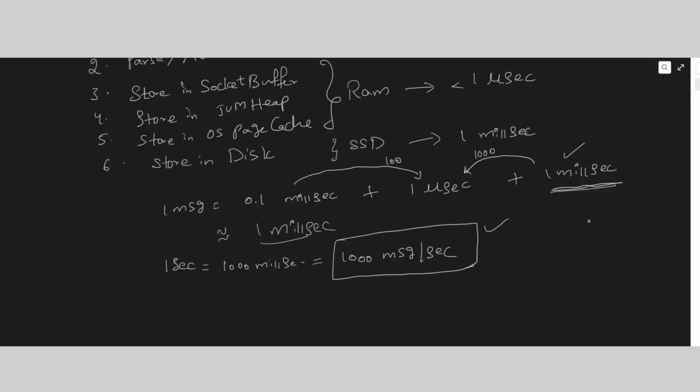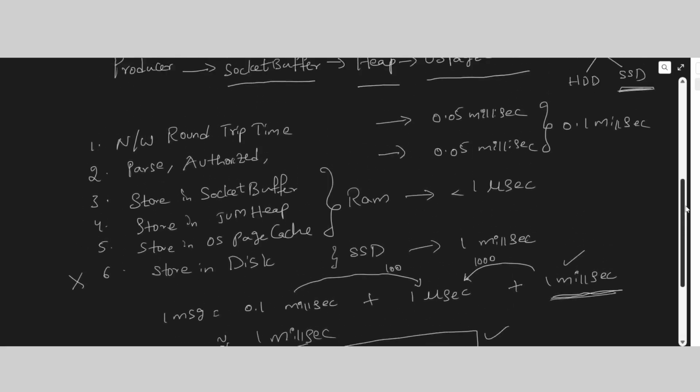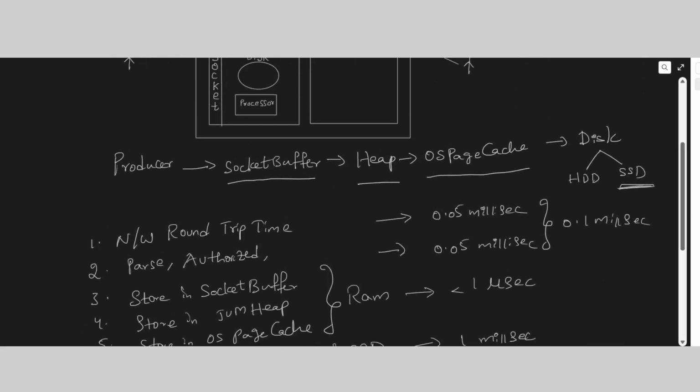One idea is, let's remove disk from the request response flow. That means the producer will send a request and the message will be written into the socket buffer, the OS page cache, but we won't write into the disk immediately. We will right away respond to the producer saying, hey producer, your message has been written successfully, but we will move the message to the disk asynchronously.